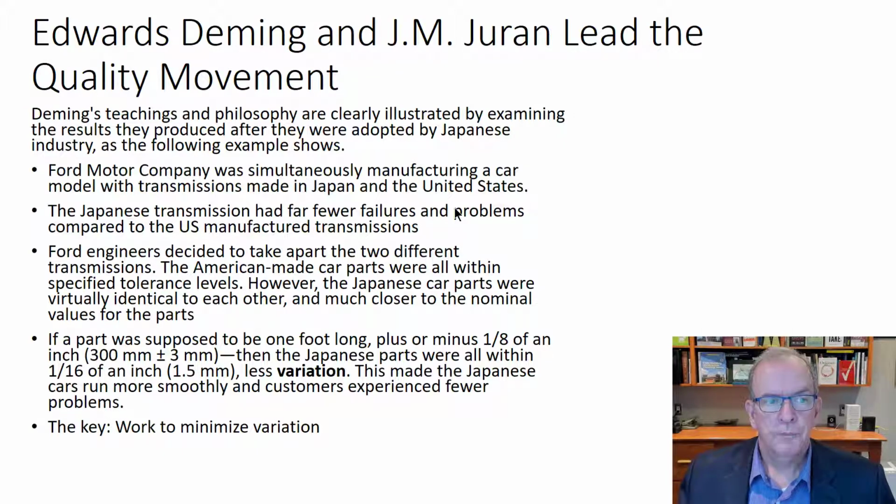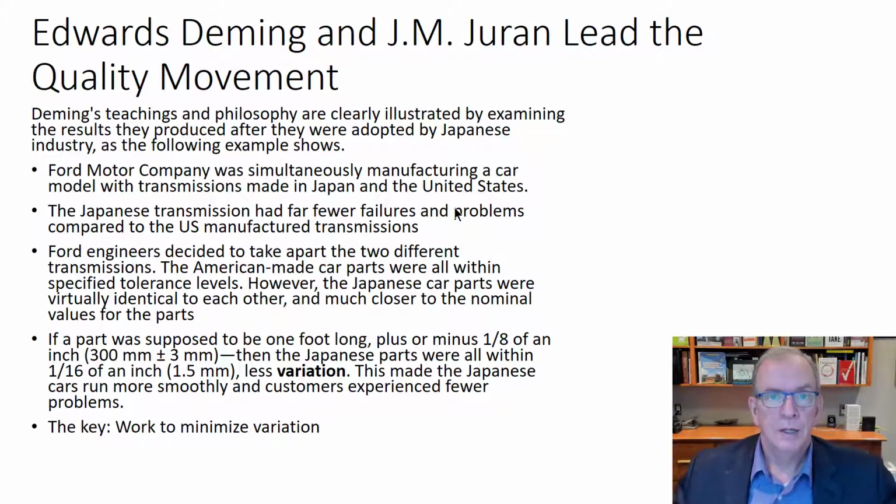A good example happened with Deming, and Ford Motor Company actually noticed it. They were manufacturing a car with transmissions made in Japan and the United States. This is much, much later, when Japan was making really good stuff, in the 80s or 90s.